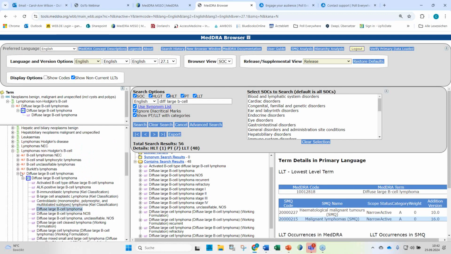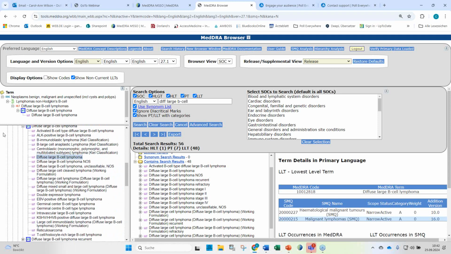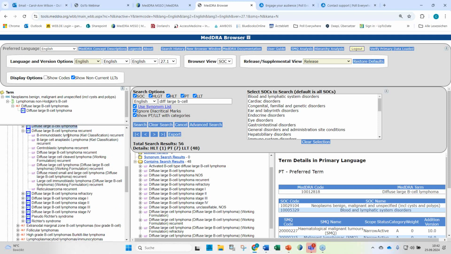So here we are. We have a separate HLT for diffuse large B-cell lymphomas. Here it is, the diffuse large B-cell lymphoma, and we see quasi-synonyms underneath this PT based on different classifications. When looking at the neighbors of this PT here, we see PT diffuse large B-cell lymphoma recurrence. So this exactly represents what has been reported in our case.